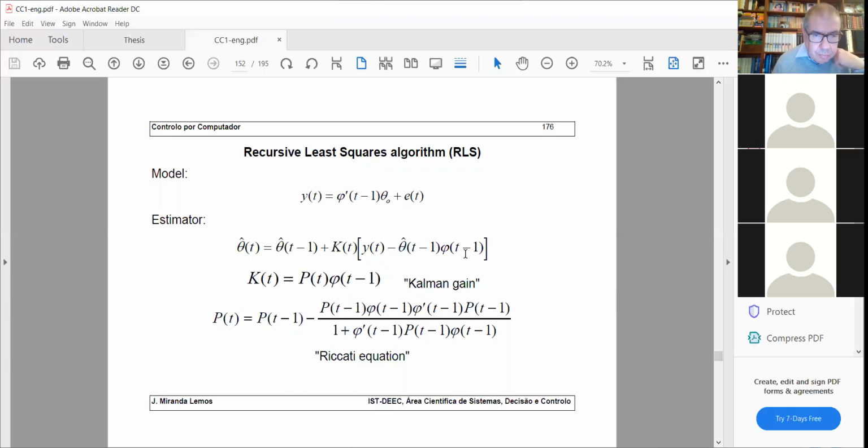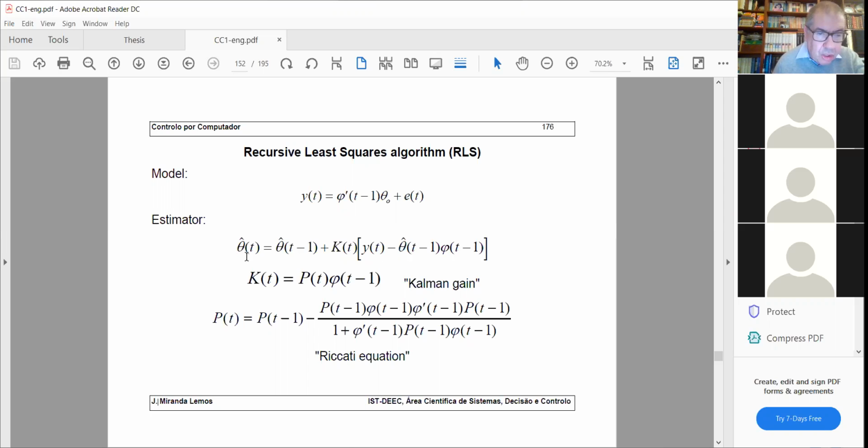Now another question is this: suppose that you know nothing about what I've been speaking about in the past half an hour, and you want to write an estimation algorithm which is recursive. So this structure here of this equation is plausible.